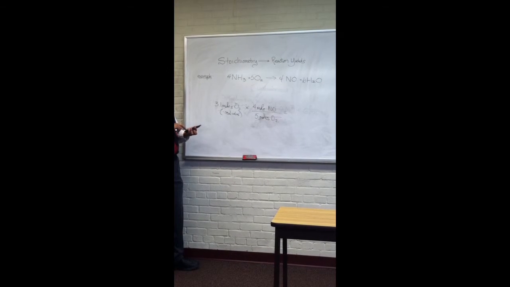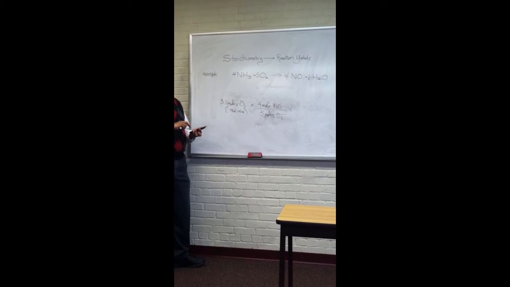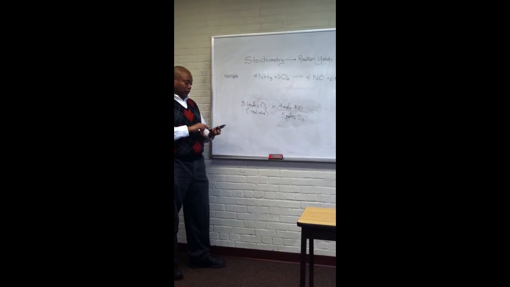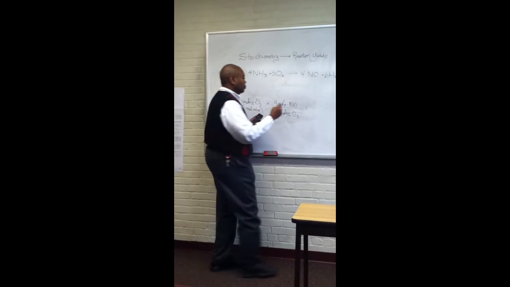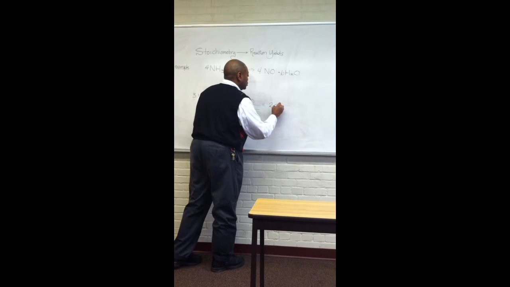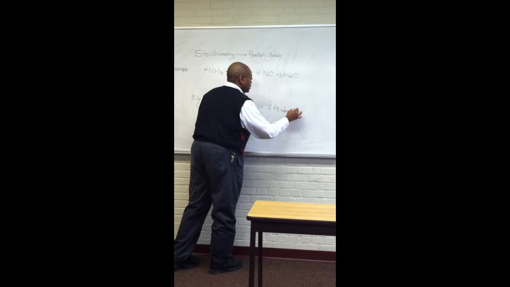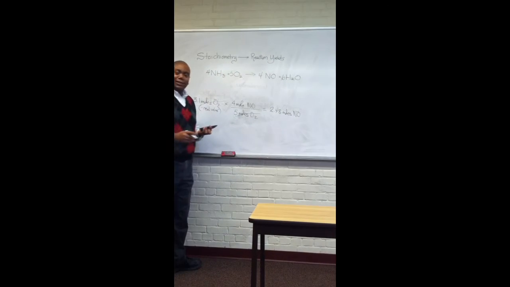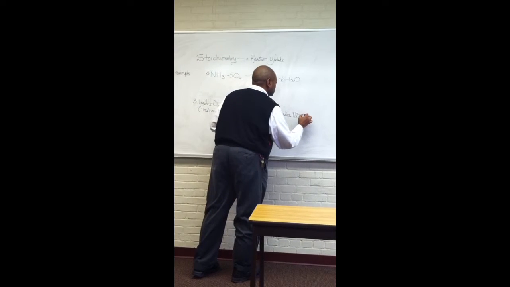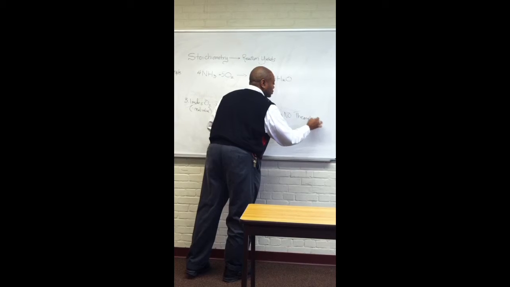So, let's do the arithmetic. 3.1 times 4 divided by 5. And we should come out with approximately 2.48 moles of nitric oxide. This represents our theoretical yield.